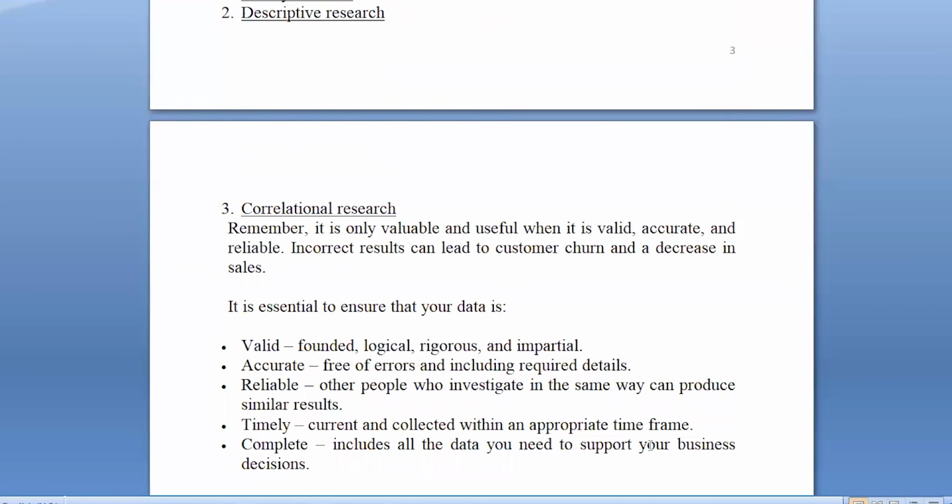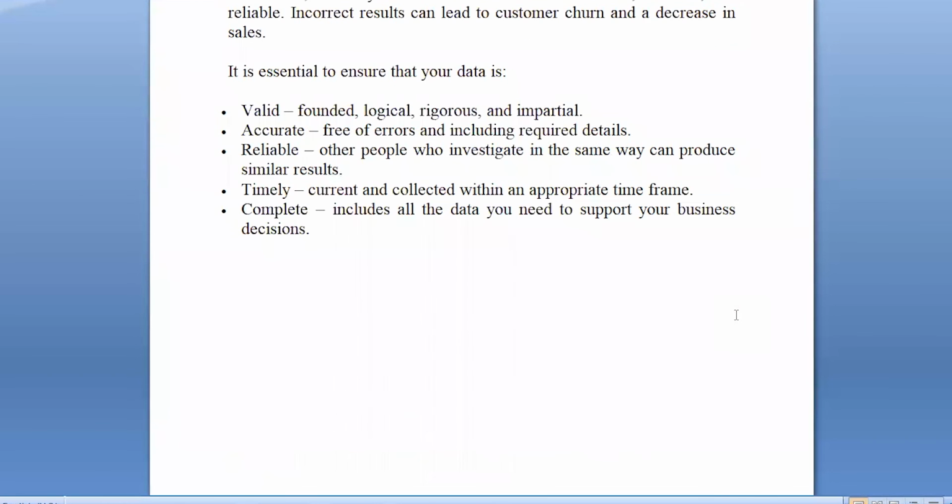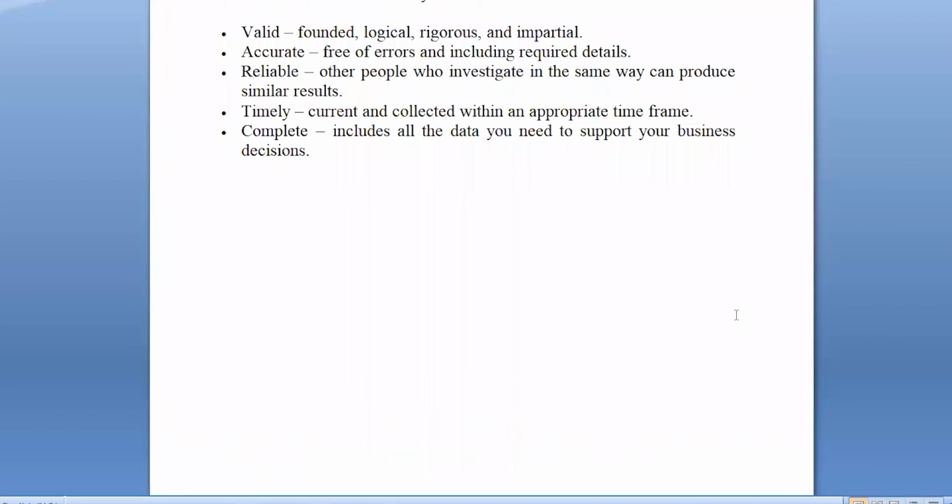Other people who investigate in the same way can produce similar results, and it should be timely, current, and collected within an appropriate time frame, and it should be complete, includes all the data you need to support your business decision.